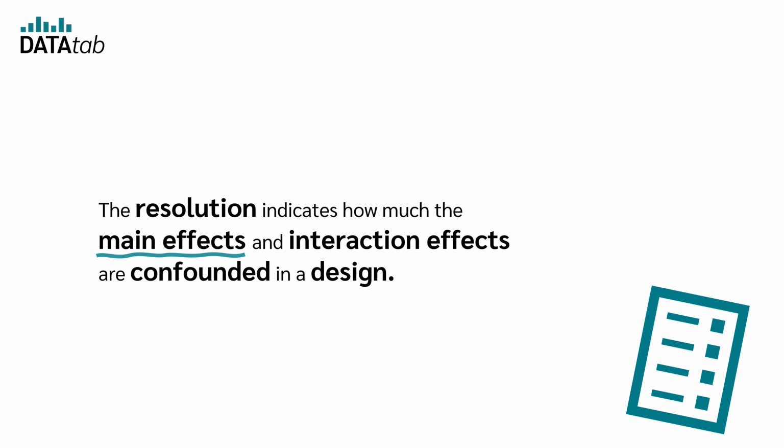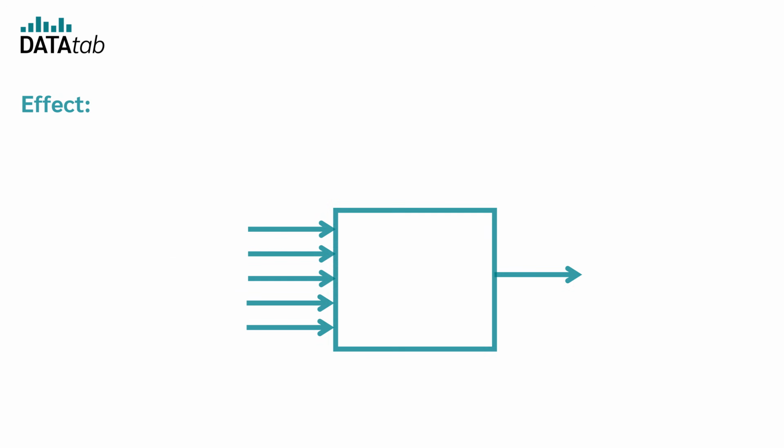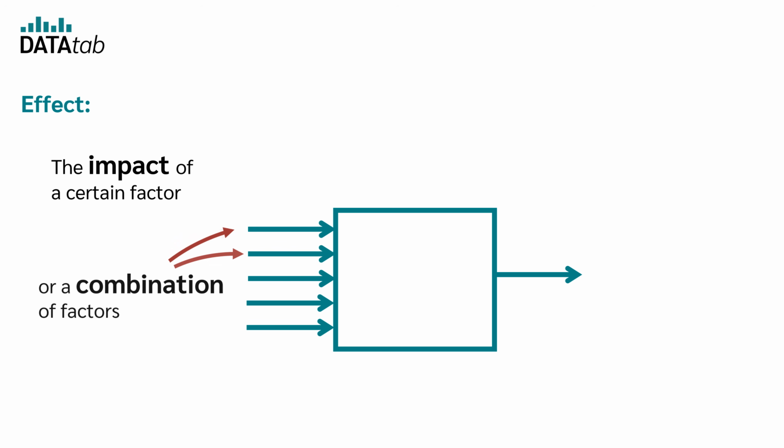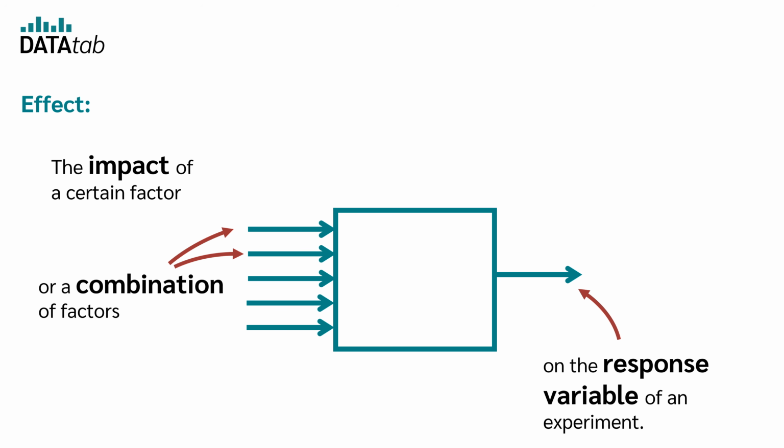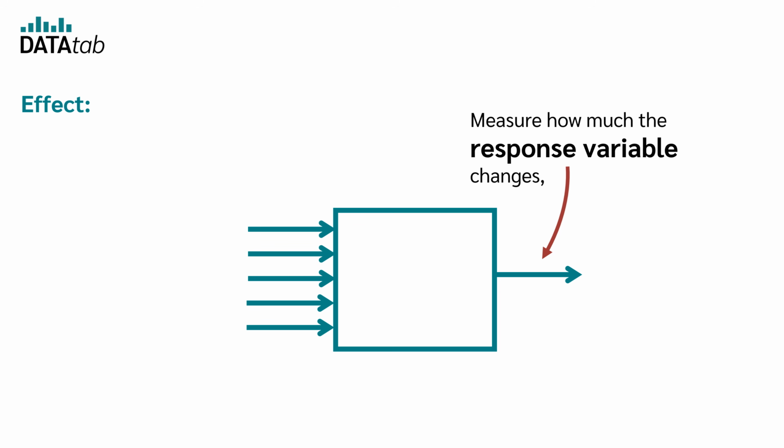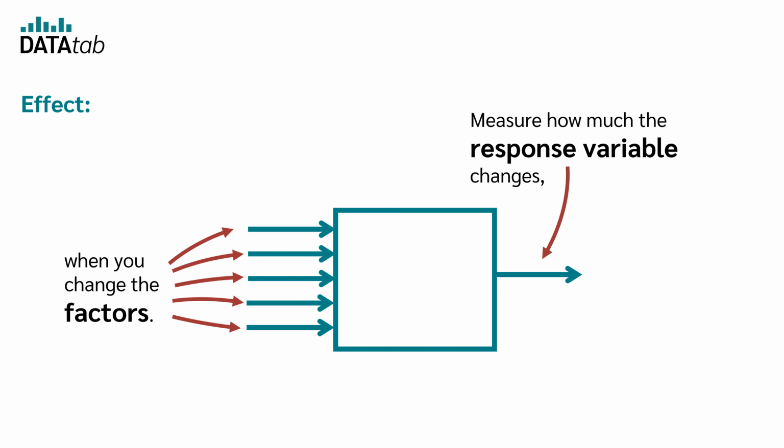But what are main effects and interaction effects? And what does confounded mean? In design of experiments, the term effect refers to the impact that a certain factor or a combination of factors has on the response variable of an experiment. Essentially, they measure how much the response variable changes when you change the factors.